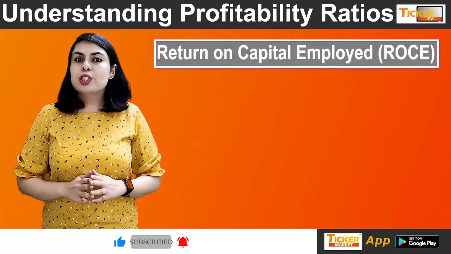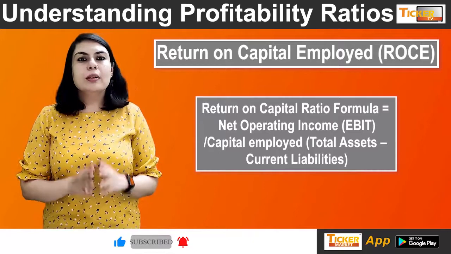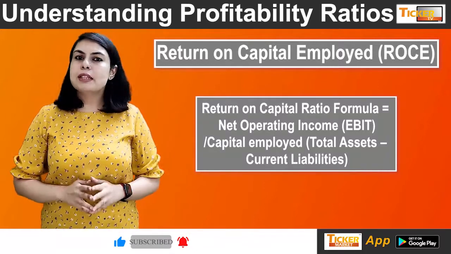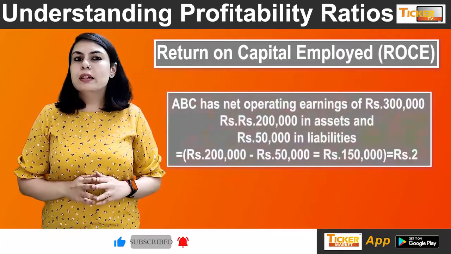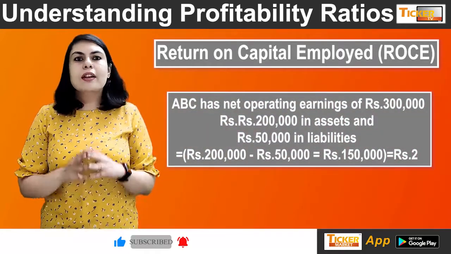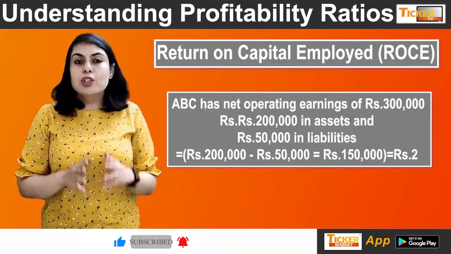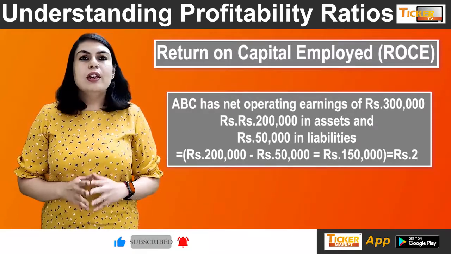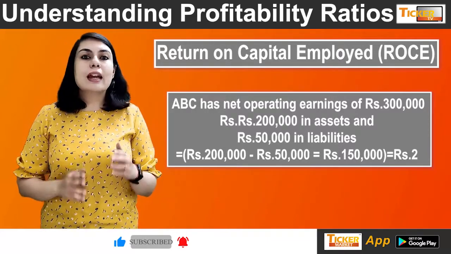The return on capital employed formula can be seen as follows, where we can see the net operating income or EBIT divided by capital employed. Now let's say a company ABC has a net operating income of rupees 3 lakhs and, out of that, 2 lakhs is assets and 50,000 is liabilities. To calculate ABC's ROCE, you would divide the net income by its assets minus liabilities.